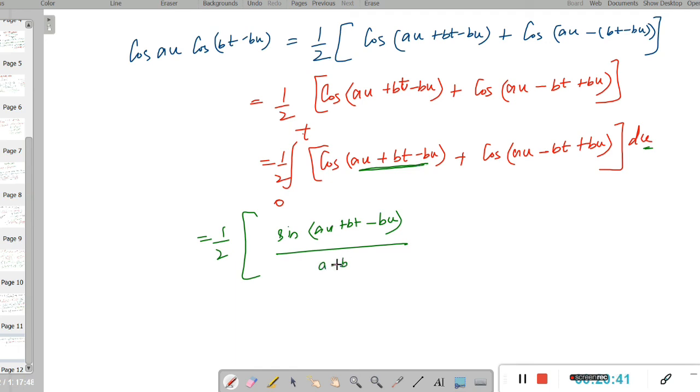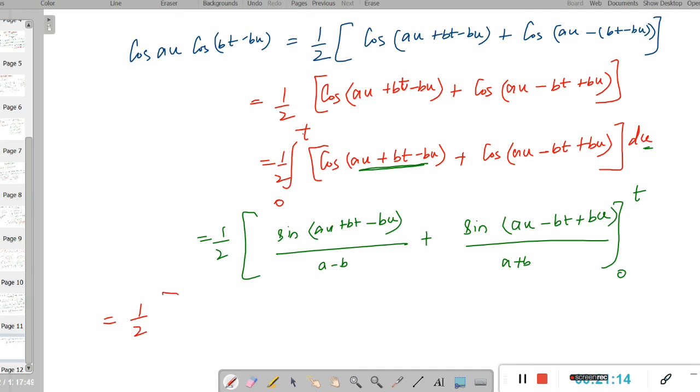So you have to divide by a minus b, plus sin au minus bt plus bu divided by a plus b, and the limits. Now I am going to apply the upper and lower limits, which is equal to 1 by 2.